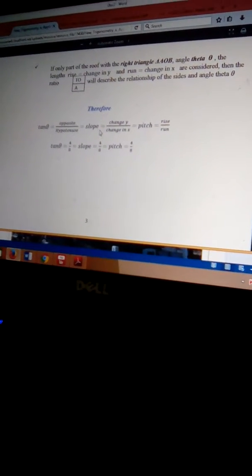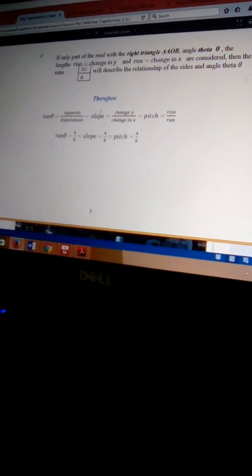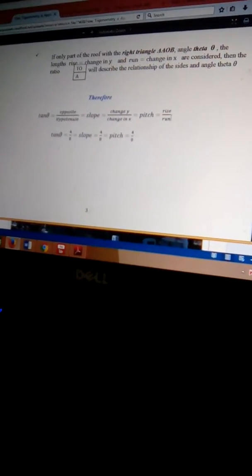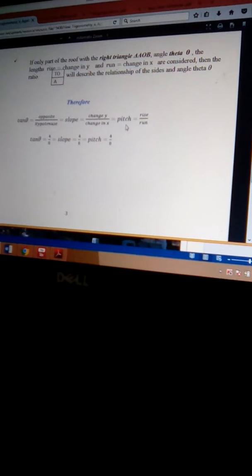But also the terminology commonly used in coordinate geometry, slope or gradient, which is change in y over change in x, can be used to explain the slope of a roof. And finally, pitch, the ratio of rise to run, commonly used by carpenters or architects, also defines it. So tangent, slope or gradient, and pitch can be used interchangeably to define the slope of a roof.